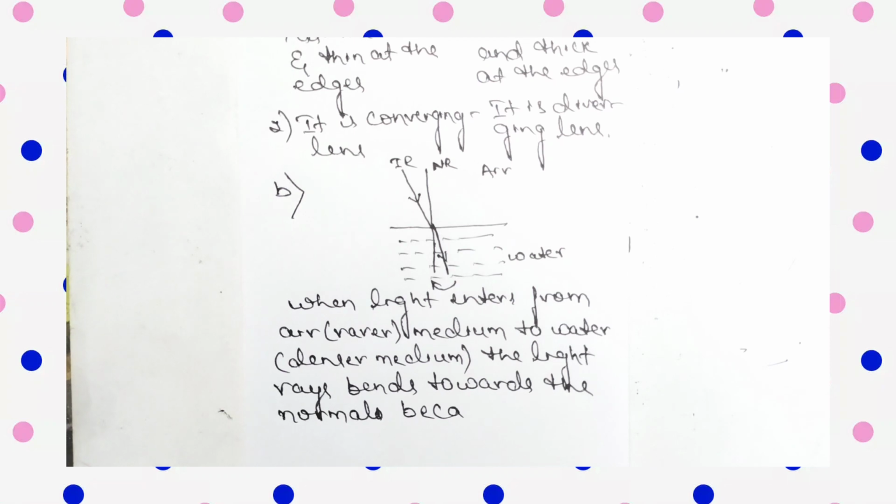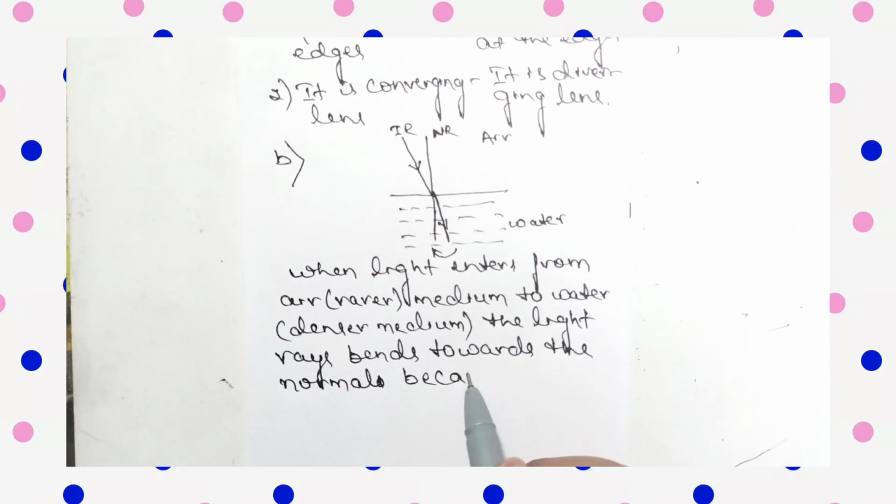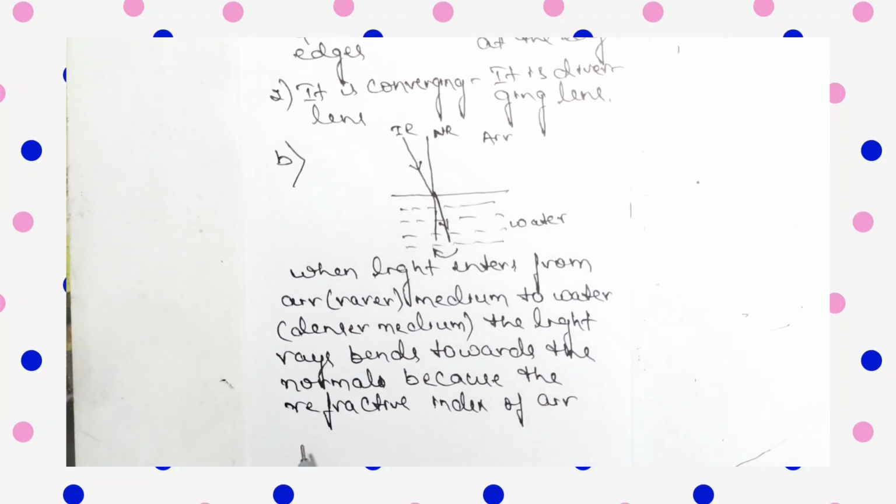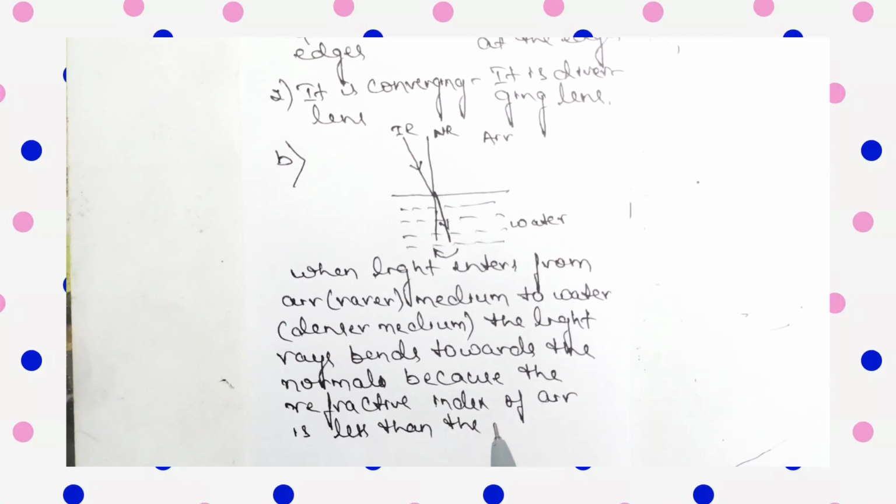The light ray is bending towards the normal because the refractive index of air is less than the water.